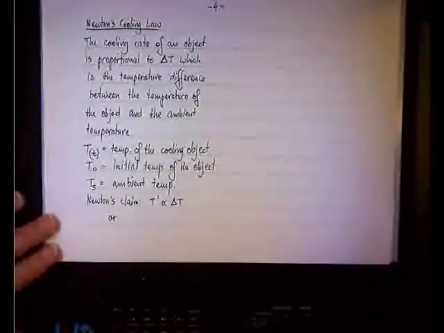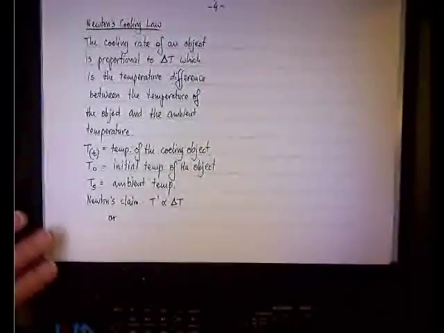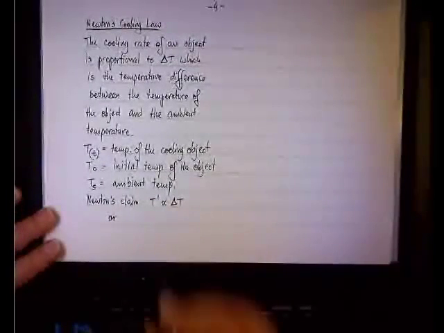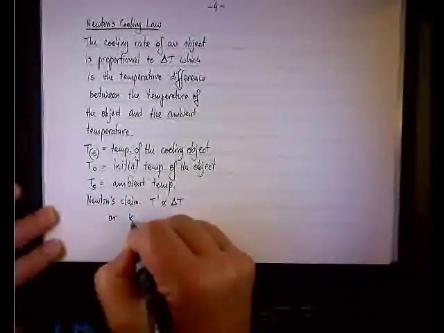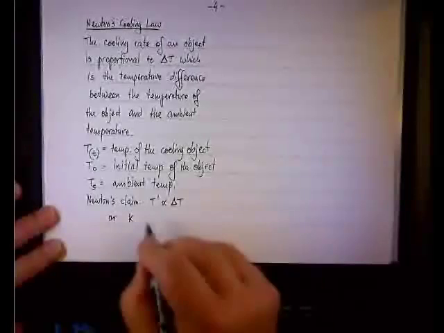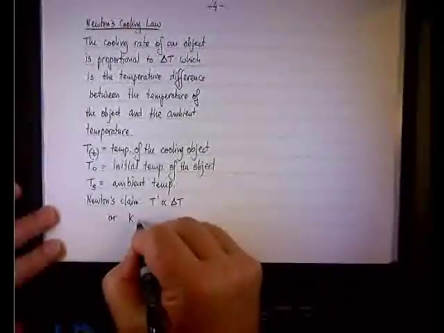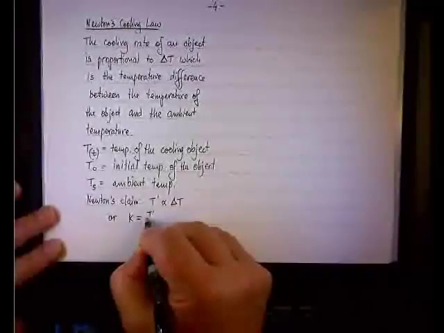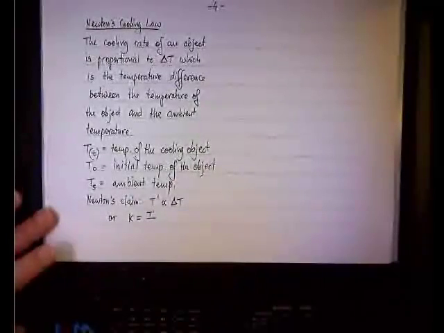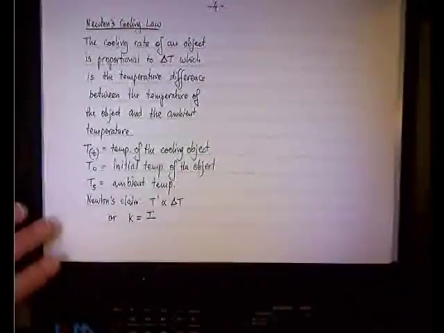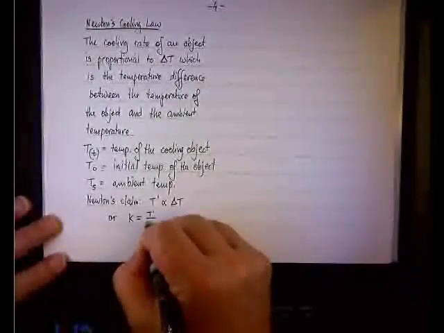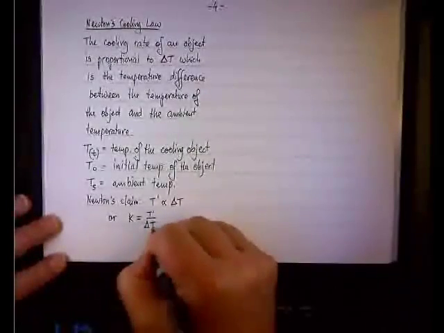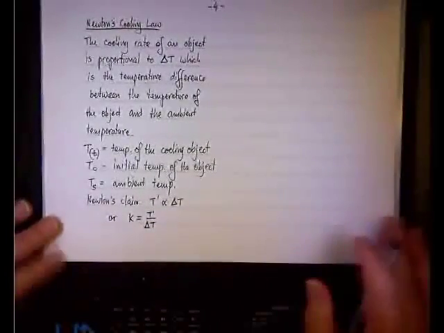If you remember the RDR and RGR, using the same terminology, there is a constant k, the constant of proportionality, that equals T prime, but not divided by T as we had before with RGR and RDR, but T prime divided by delta T. And this is the ratio that we were talking about.